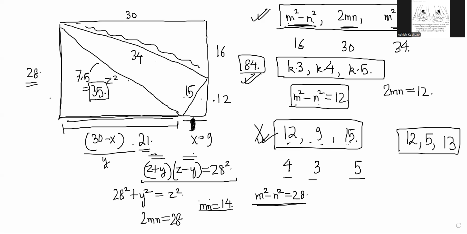If we tried 12, 5, and 13, it was not working out, right? So you can't really use 12 in any other triplet. These are, I think, the only two triplets: 144, 81, and 225; 144, 25, and 169, right? So we have gotten the answer, but I'll think about it a little more and let you know if there is something else that we can do here.